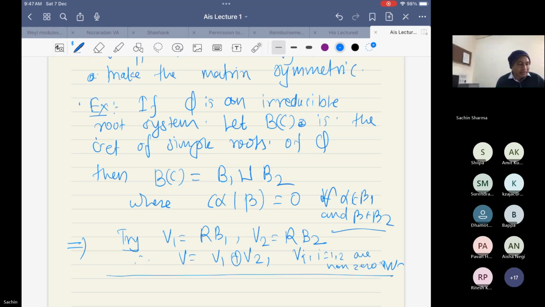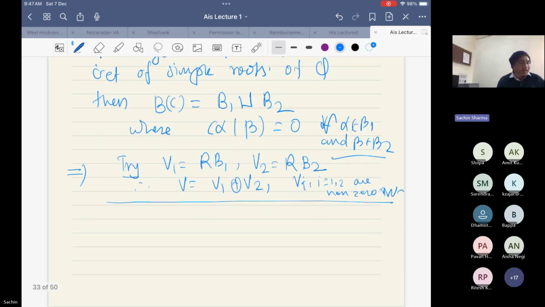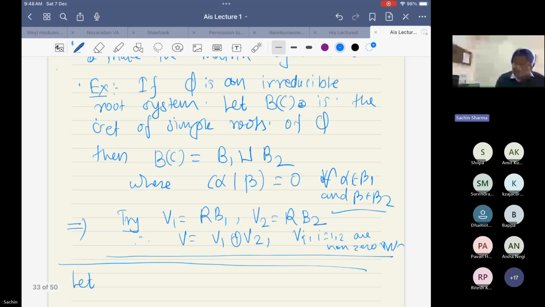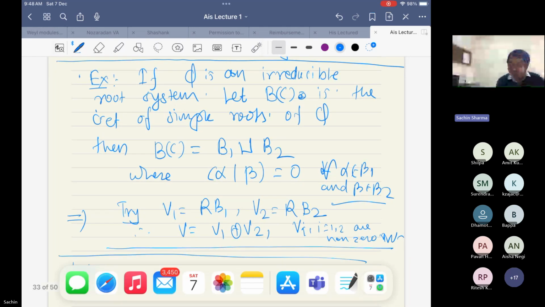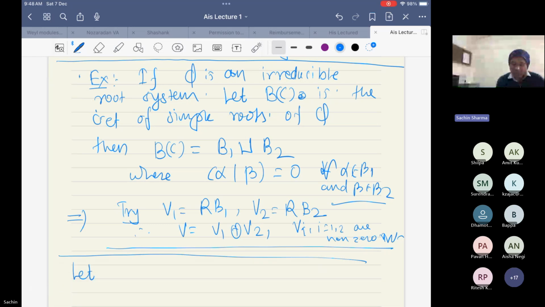Right. Now we want to make the Cartan matrix into such a matrix. So suppose I assign a graph with respect to that matrix, you will come to know what that is.